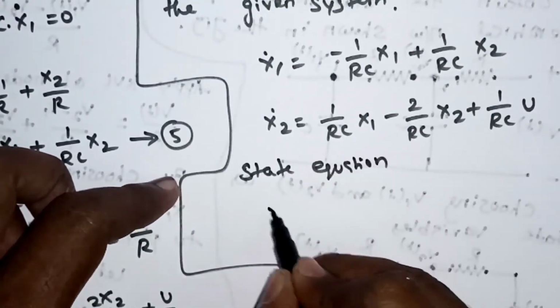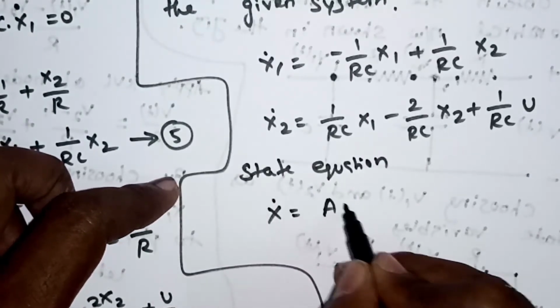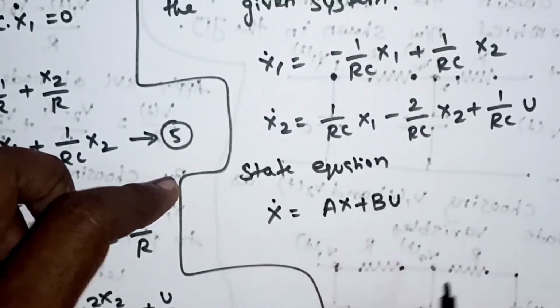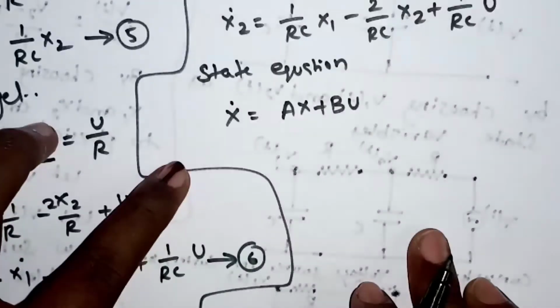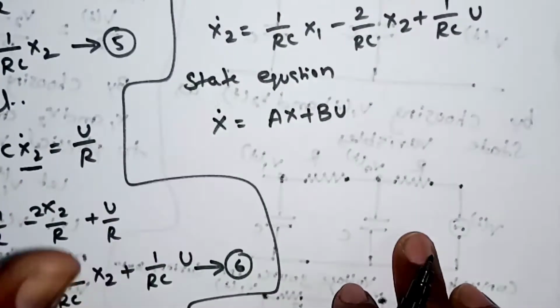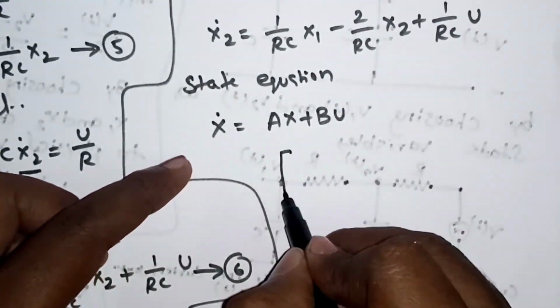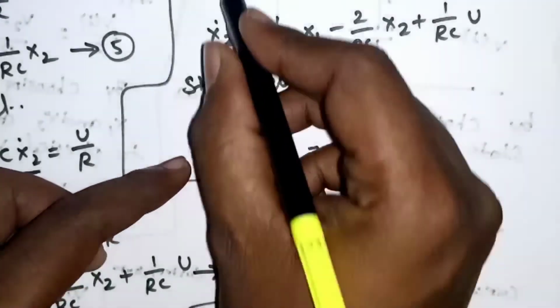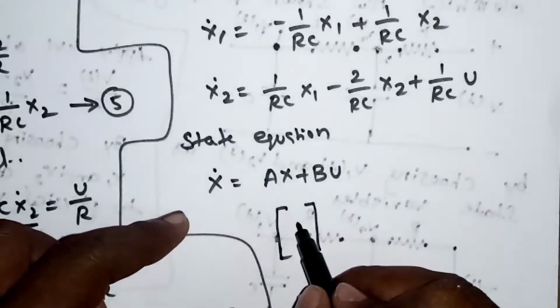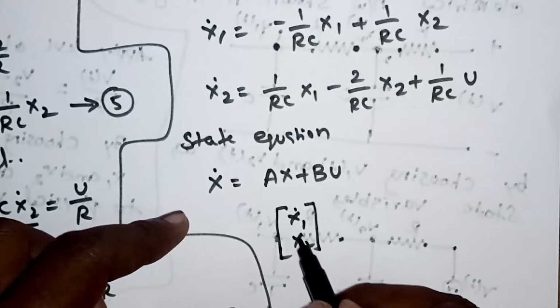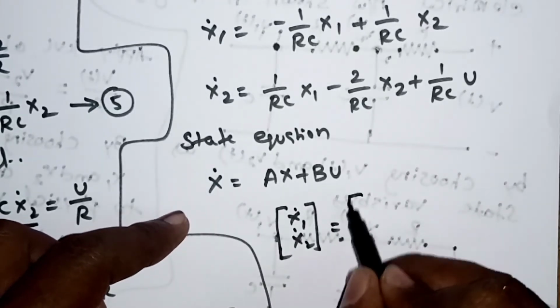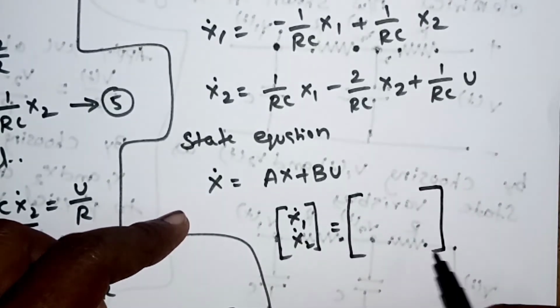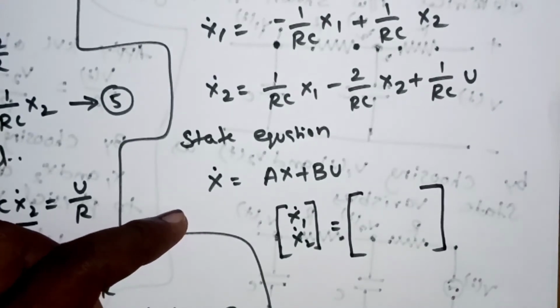We all know that x dot is equal to Ax plus Bu is the form of the state equation. So we are going to write this in the form of a matrix equation. Here we have two terms, x1 dot and x2 dot. So x1 dot, x2 dot is equal to, what is the A matrix?